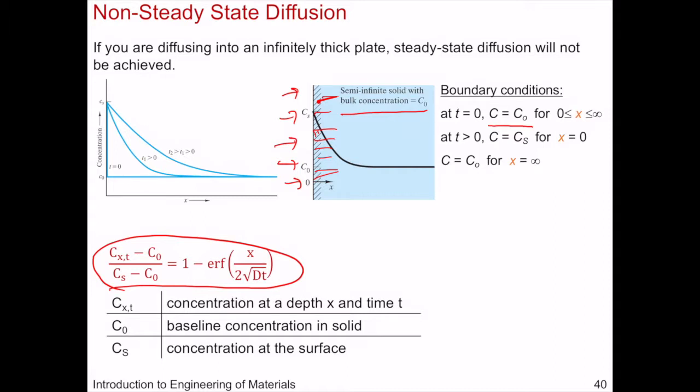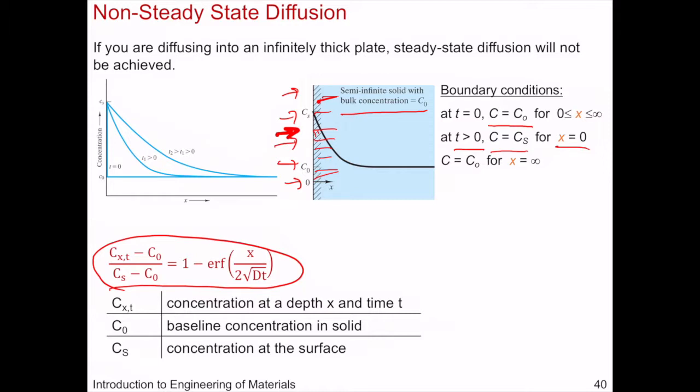So unlike steady state diffusion, for non-steady state diffusion, the flux is changing as a function of time. At some time greater than 0, as we're adding in the diffusing species, we'll know the concentration at the surface, and we call that concentration CS. And the surface is defined as x equals 0.